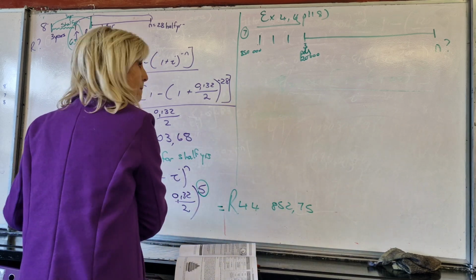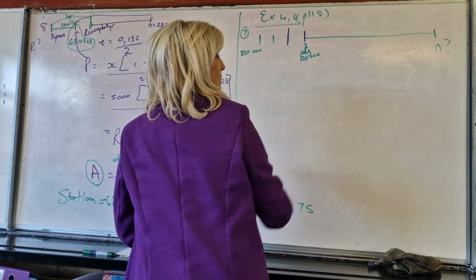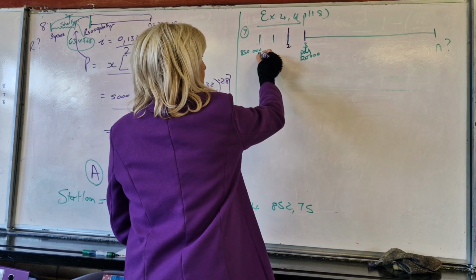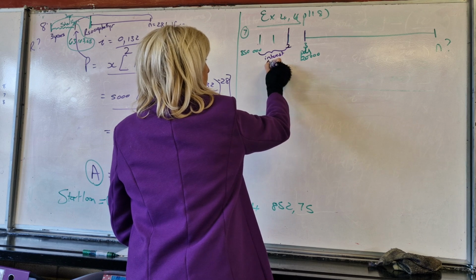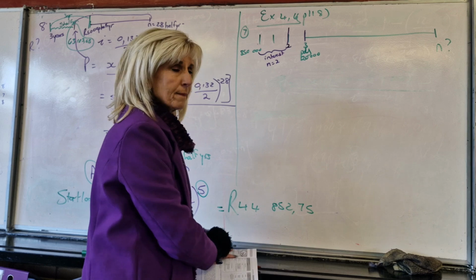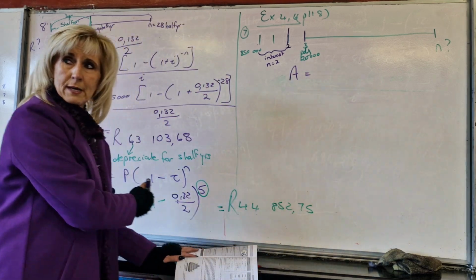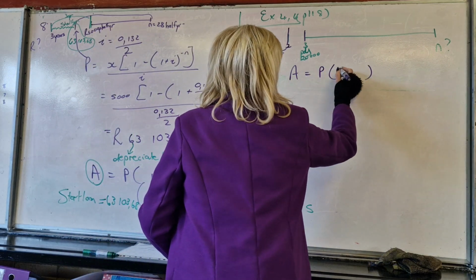Keeping in mind that my P sum has to have a gap, how many months of interest must I work out? 2 months. Are you with me here? So I'm taking a normal one again. Is it a plus sum or a minus sum?